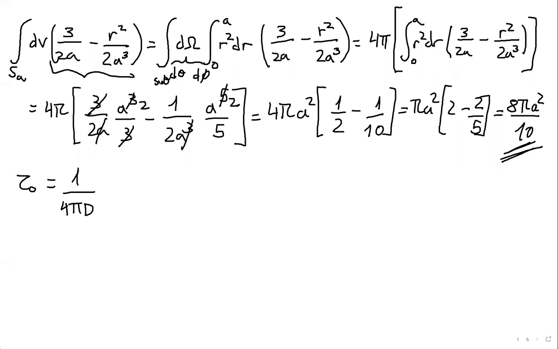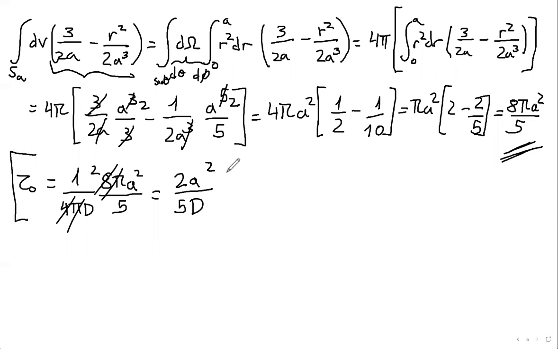Ah, sorry, yes. Thank you. This is a 5, exactly. This was my mistake. And then there is 8 pi a squared divided by 5. So this goes with this and gets a 2, and we have 2a squared divided by 5D. This is the value of the characteristic time.